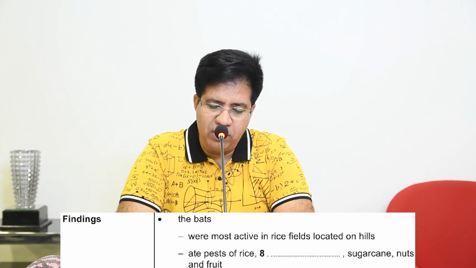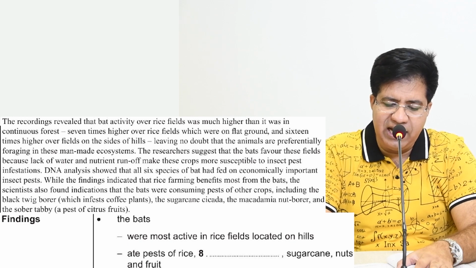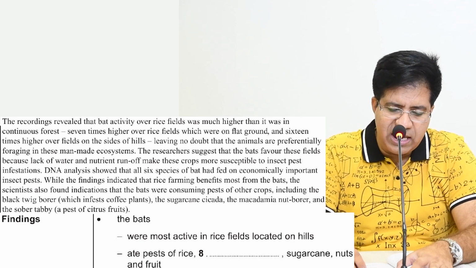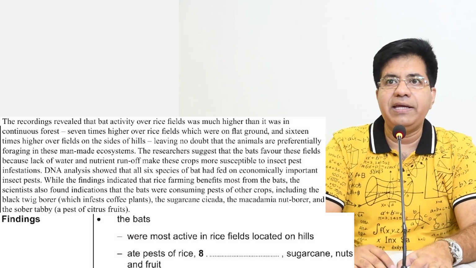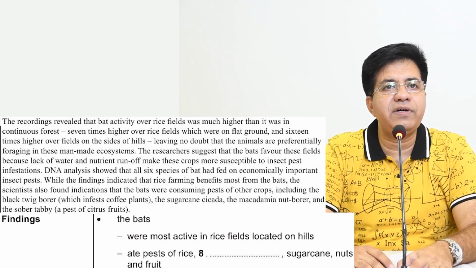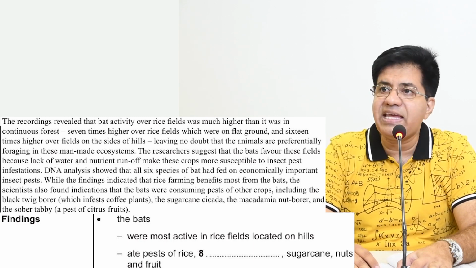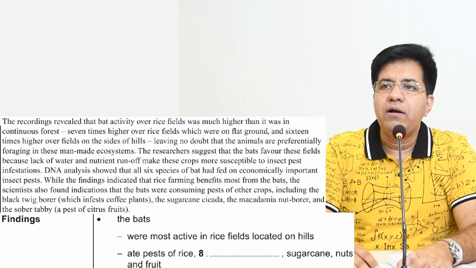All of you please follow. Second paragraph, second last line. There you can see these words. So I'm going to read it from fourth last line. Whenever you find the word, find the last full stop and start from there. While the findings indicated, found it? Okay.